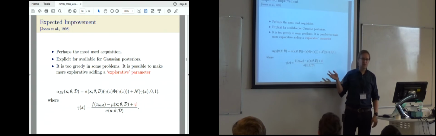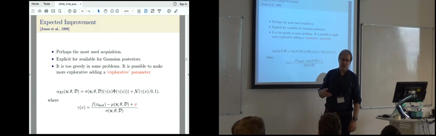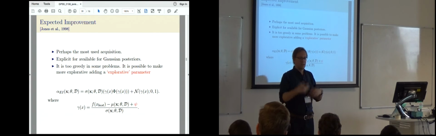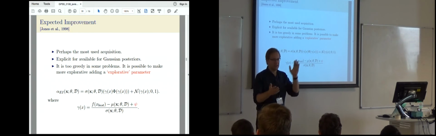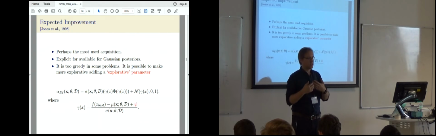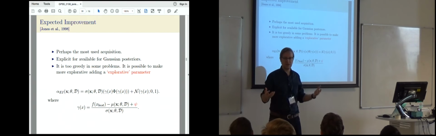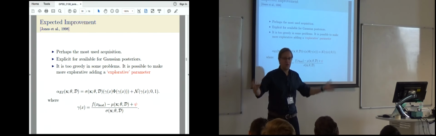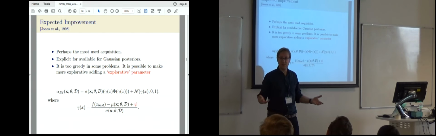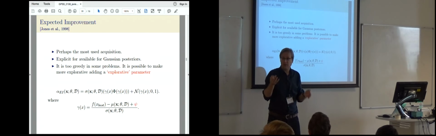So I'm showing you the different acquisition functions, and if you read Bayesian optimization papers and people proposing new acquisition functions, you will see experiments in which they say, oh, I'm proposing this new acquisition function that is better than anything in the literature. That's not true. There is no single acquisition function that is going to outperform other acquisition functions in any experiments of a benchmark, simply because each acquisition function is representing a different balance between exploration and exploitation.